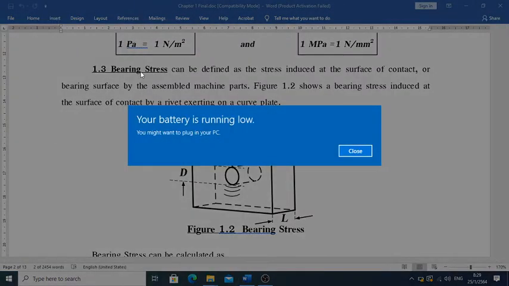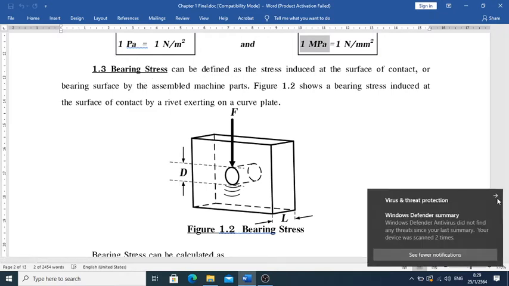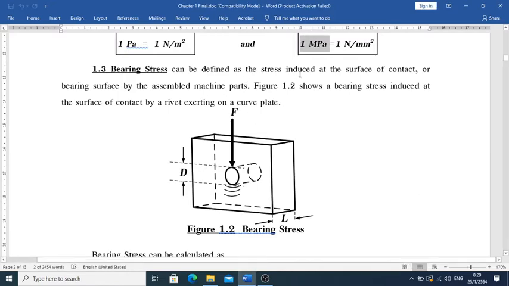Another one is the bearing stress. We define it as the stress induced at the surface of contact, the bearing surface, by the assembly of machine parts.